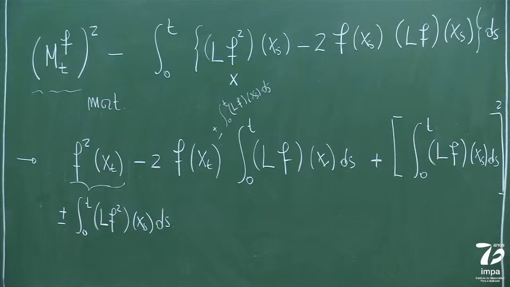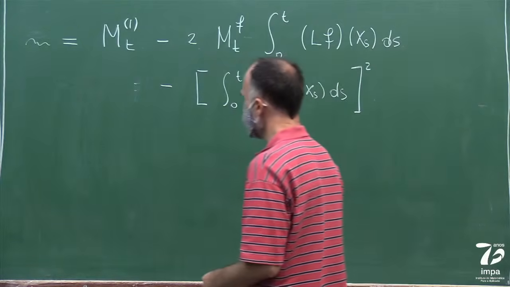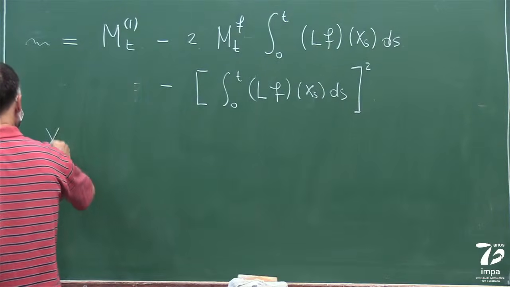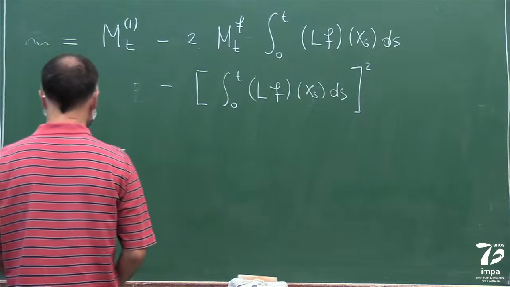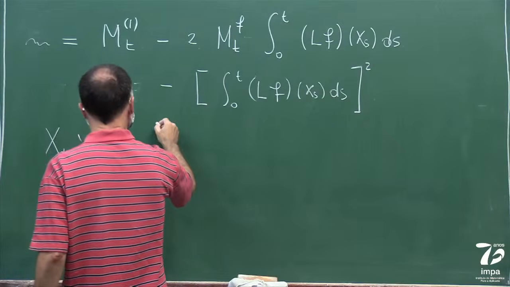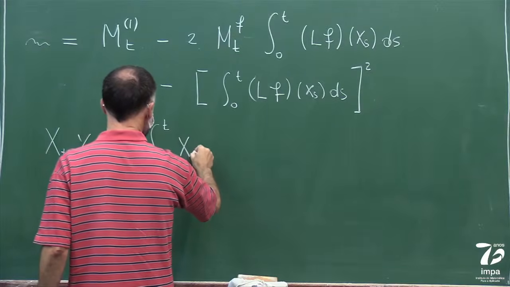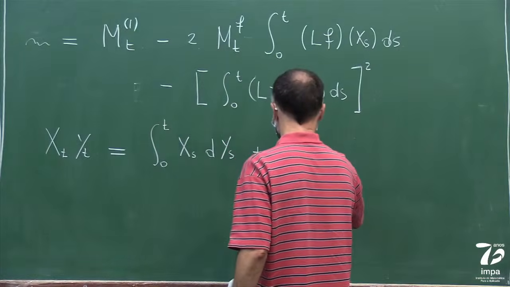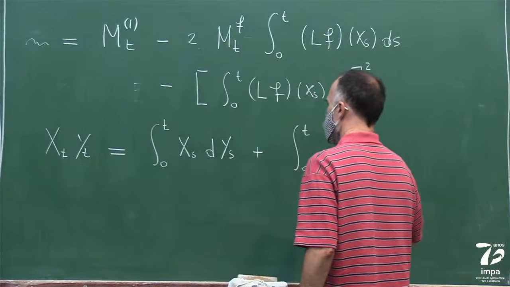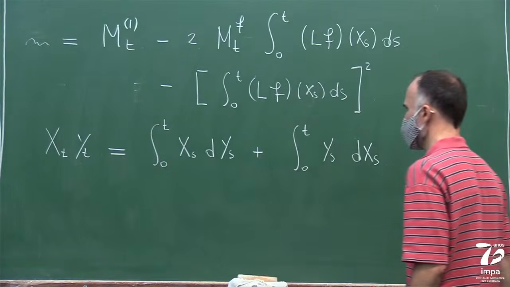Fine. Now, I want to take this term and write X_t Y_t as the integral from 0 to t of X_s dY_s plus the integral from 0 to t of Y_s dX_s.